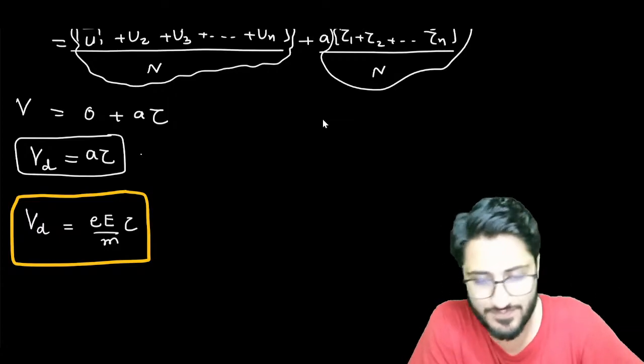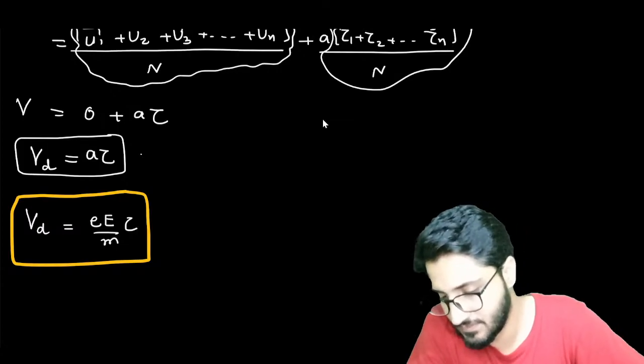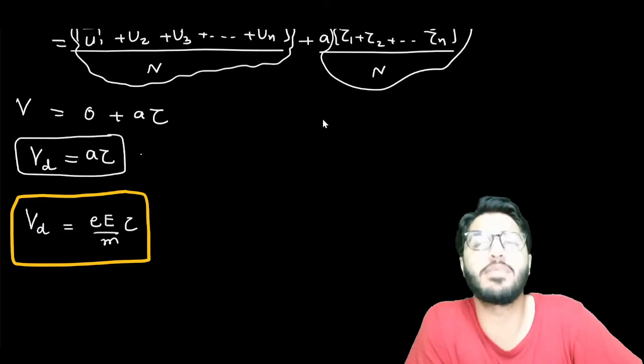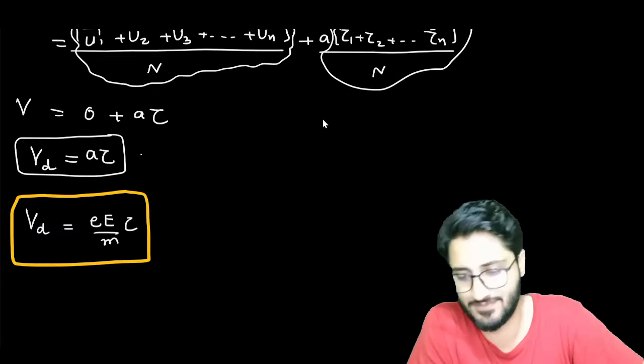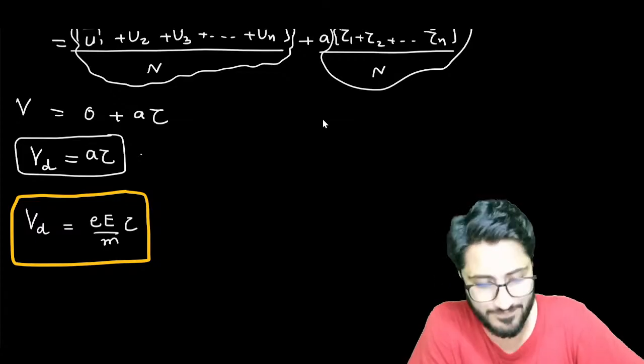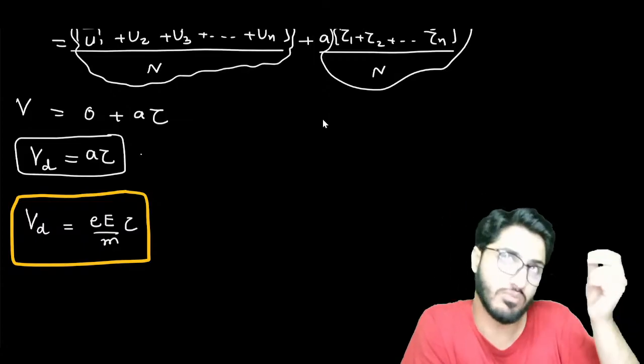Easy or tough? N means number of electrons. It is not number density. That is small n. Small n is number density.